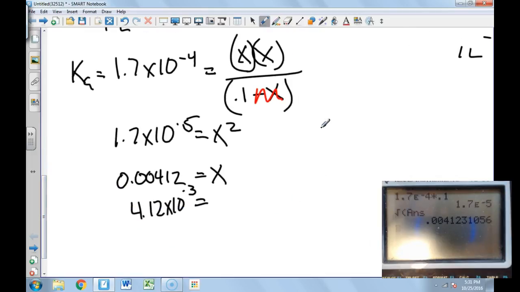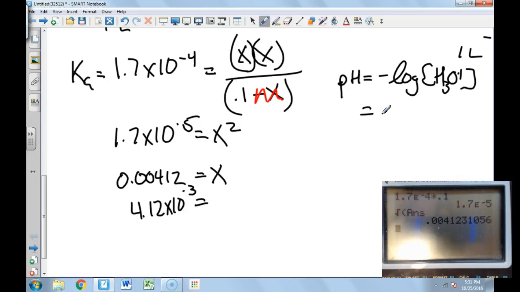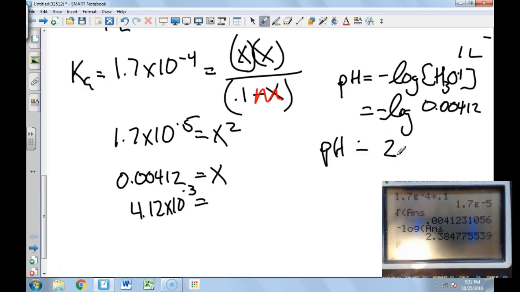So pH equals the negative log of the concentration of the hydronium ion, and the concentration of the hydronium ion is that value right there, 0.00412. I'm going to put that in the calculator, negative log of that answer, and we get a pH of somewhere around 2.38.